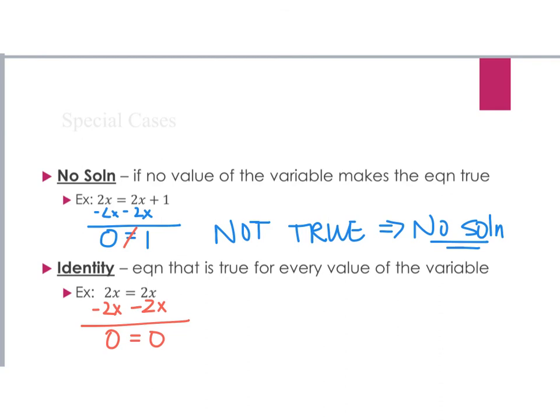This is a true statement. You do get the exact same thing on both sides. So this tells us that we have infinitely many solutions, because any value that I can think of to plug in for x will work and make these two expressions equal.